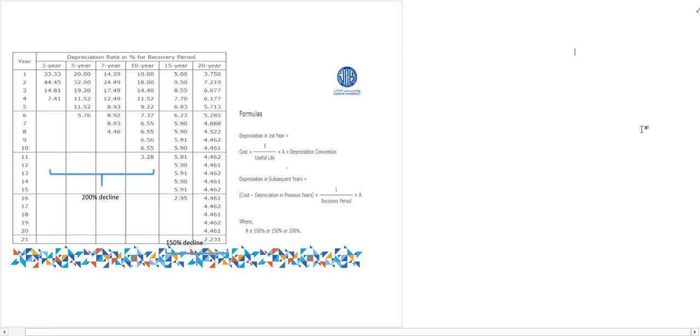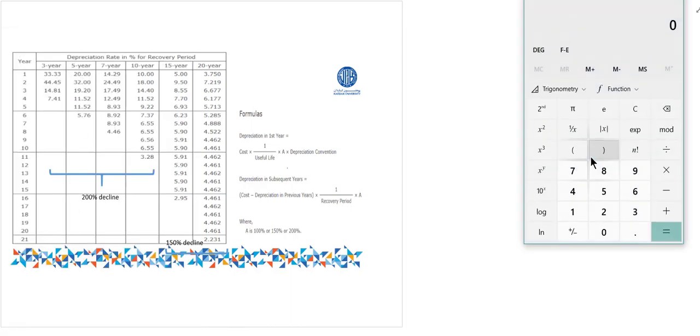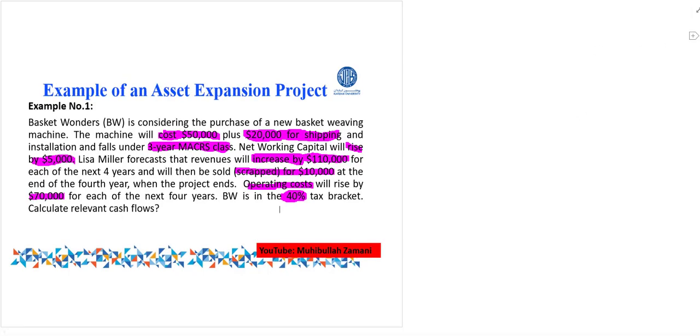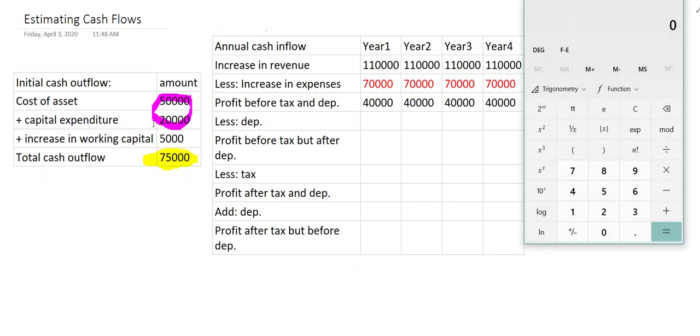Now let us calculate it. Let me take my calculator to calculate this one. Let us see how much capital expenditure we had at the beginning itself. 70,000 was the amount, 50 plus 20.